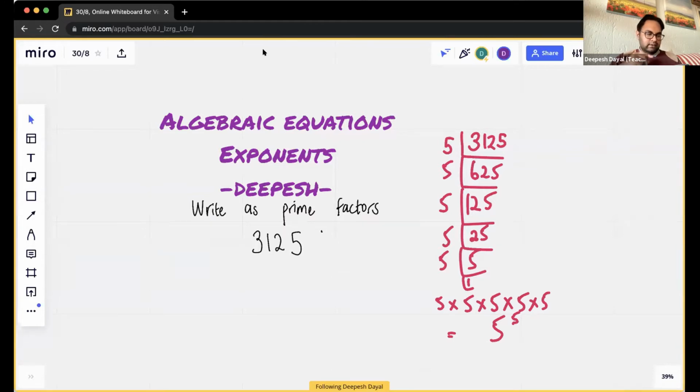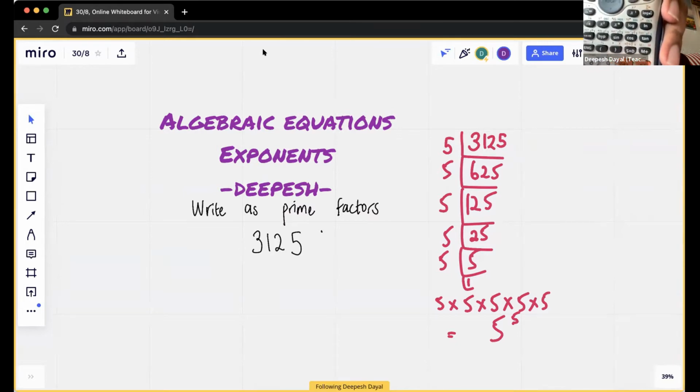Okay, so on your Casio, let's all do this together. You press 3, 1, 2, 5, and then you press the equals button at the bottom. Then you press shift at the top left and you press the button with the commas.